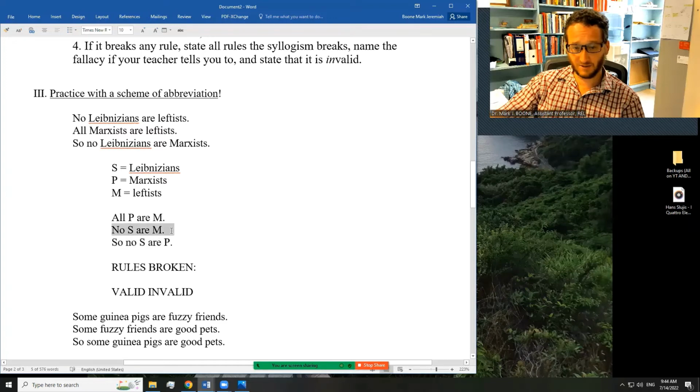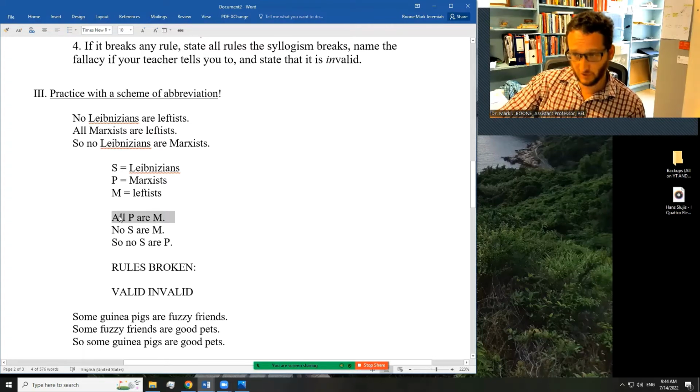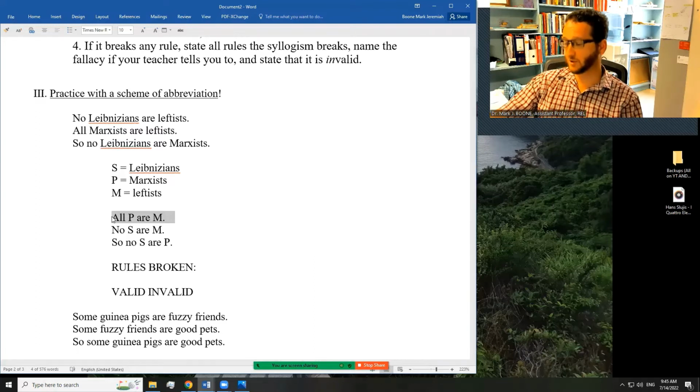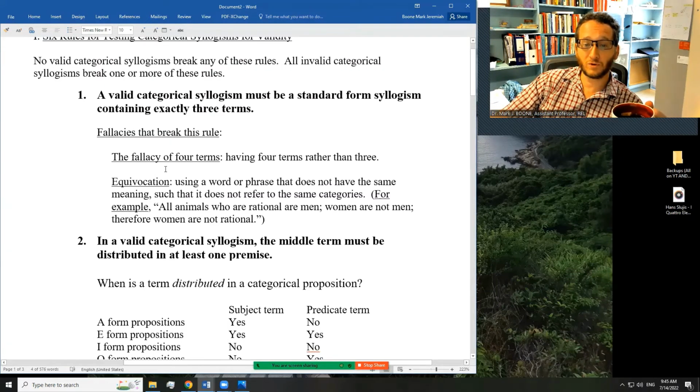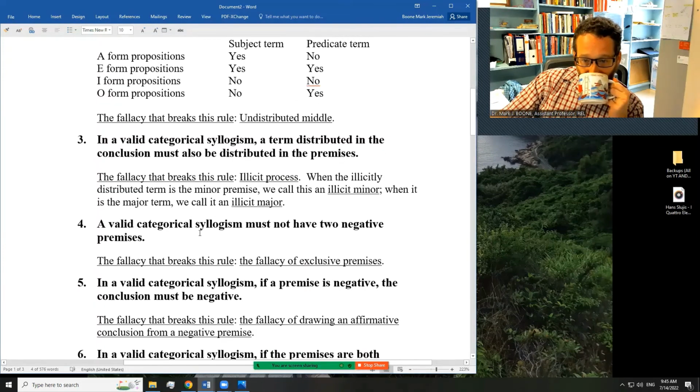Well, the minor term is distributed in its premise, and the major term is distributed in its premise because the major term is the subject term of the major premise, and that premise is an A form proposition which distributes its first term. So rules 1, 2, and 3 are fine.